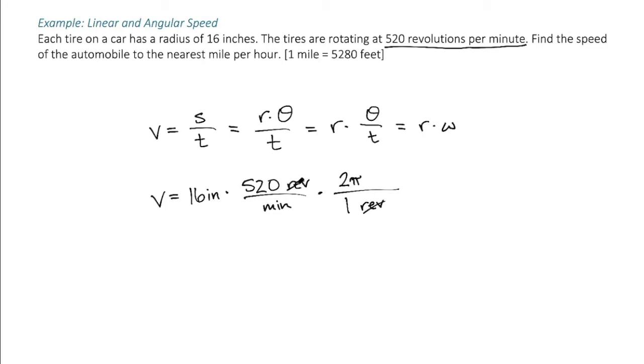And this is going to give me inches per minute. Now, I'm not interested in inches per minute. I'm interested in miles per hour. So I now need to convert. Let's first simplify this a little bit.